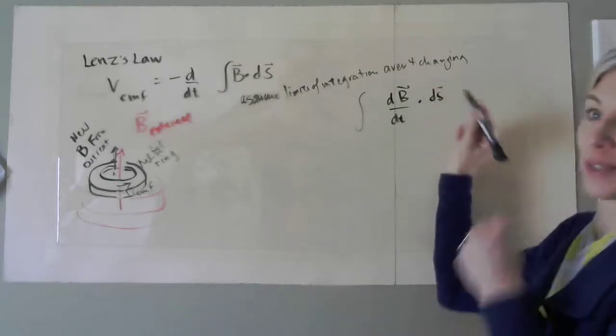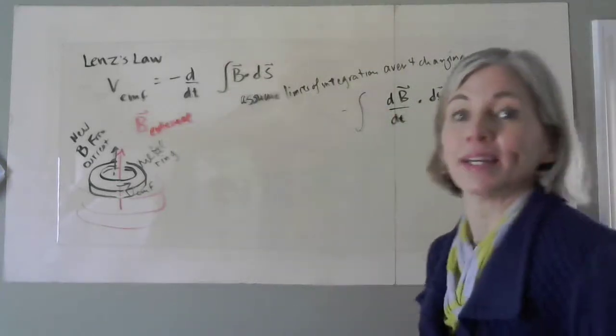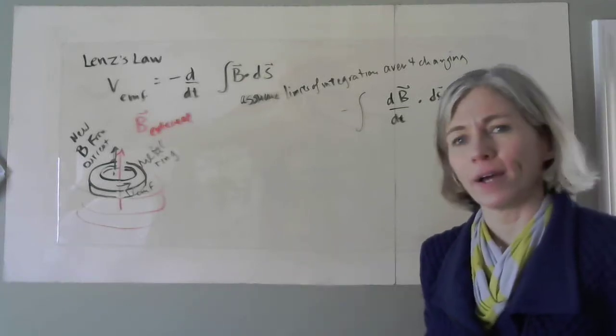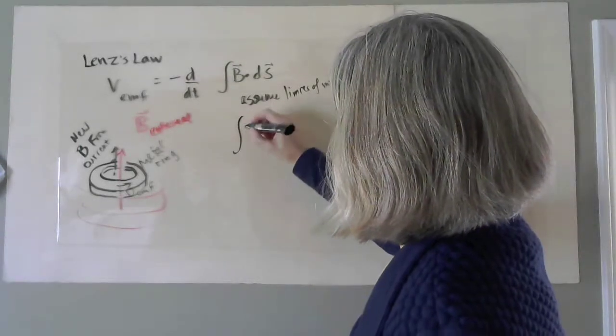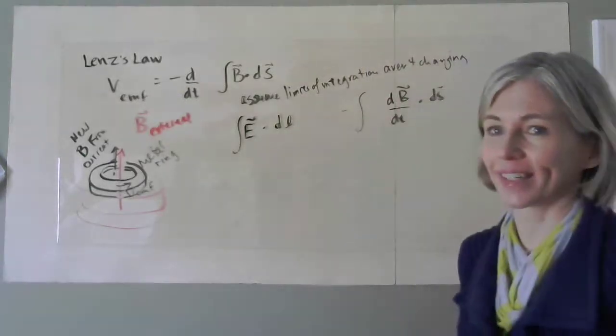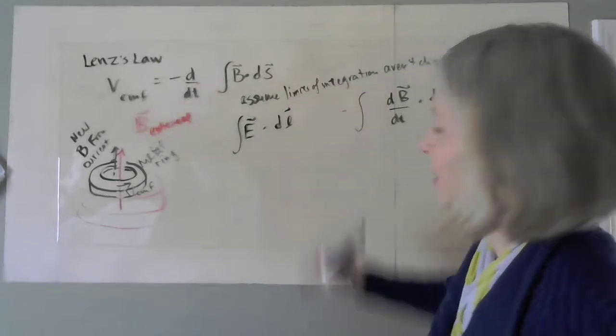It's still a vector, we're still going to do a dot product, and we've got a minus sign that we keep track of. And on the other side, well, V is E dot dl over some path. And we're heading towards the magic of Stokes' theorem.